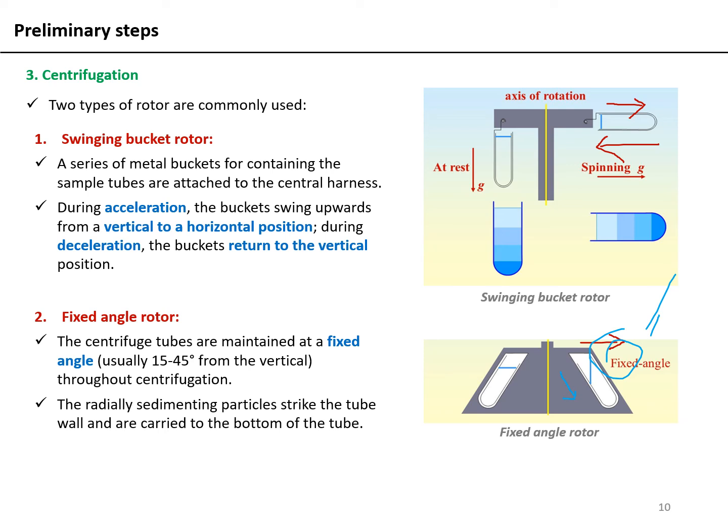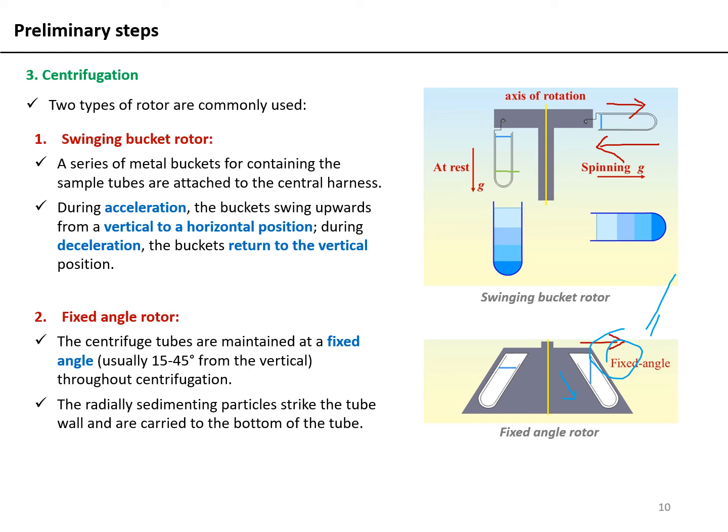So therefore, if you think about the pellet that you obtain in a swinging bucket rotor, it will always be a straight line. When you take out, say for instance, your Falcons in which you are centrifuging from a swinging bucket rotor, the pellet will have a straight line because it had a uniform force acting on it and was just directly settling down at the bottom.